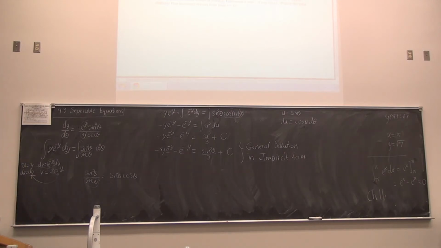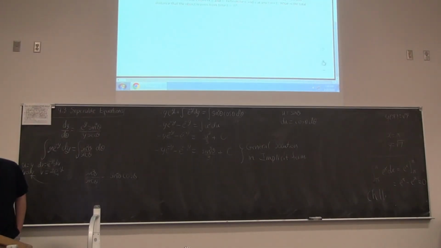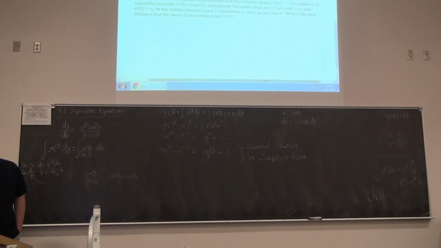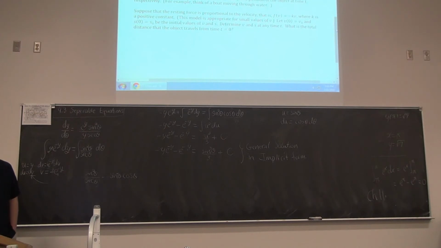So this one is quite a bit different from what we've seen so far. It tells us in this problem, let me zoom in just a bit, we have an object of mass m moving horizontally through a medium which resists the motion with a force that's a function of the velocity. So they say the force, capital F, is a function of velocity. Force is mass times acceleration. Acceleration is d2s dt2.